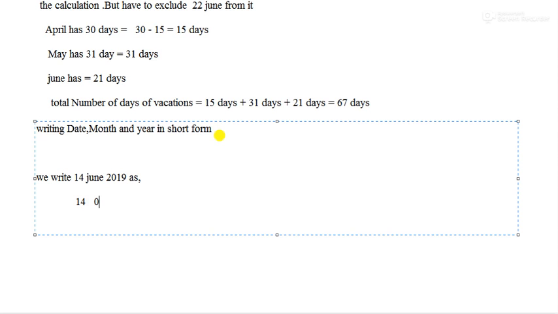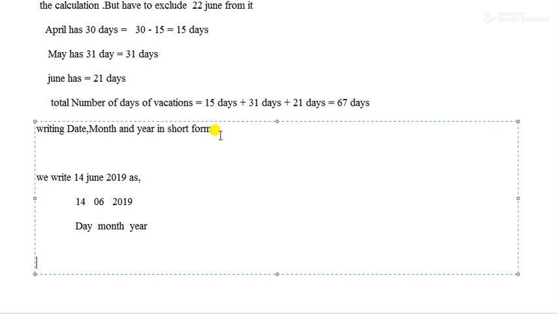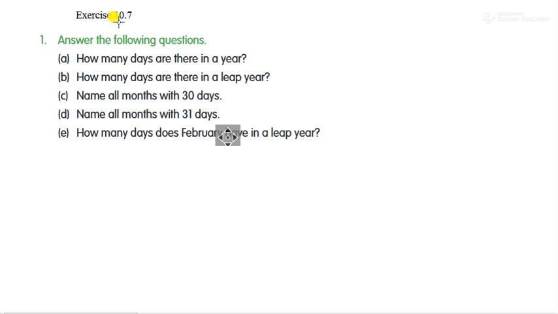June is the 6th month. So 2019. So 14 is the day and 6 is the month and 19 is the year. So this is writing in short form: 14/6/2019.